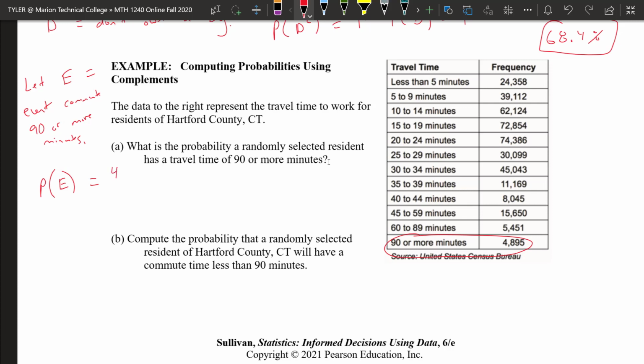That's the frequency. So if I take that number and divide it by the total, the sum of the frequencies, I'll get the relative frequency. So if I add all these up, you should get a total of 393,204. So that number would go here. So this comes out to be approximately 0.0124, or as a percent is 1.24%.